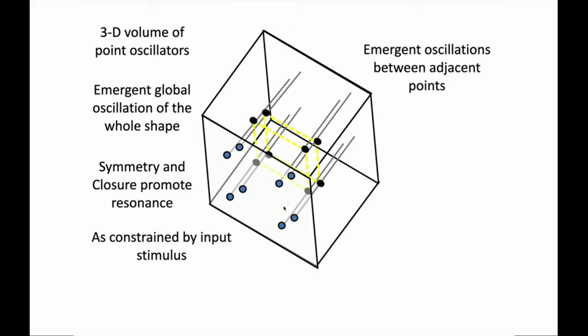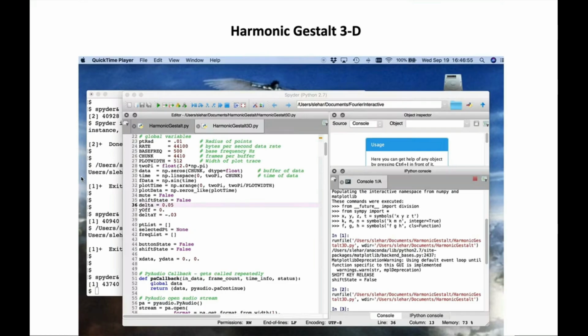For example, if the input stimulus consisted of these 4 points and another 4 points, and each one of these creates an oscillation in the volume, then these points will tend to slide along their rails, because in this way they can create a more harmonious configuration.